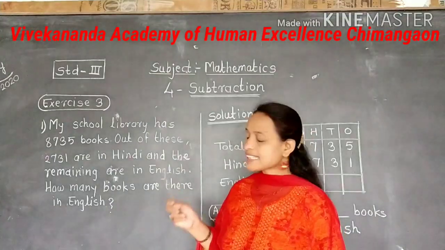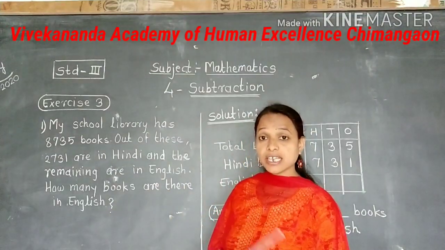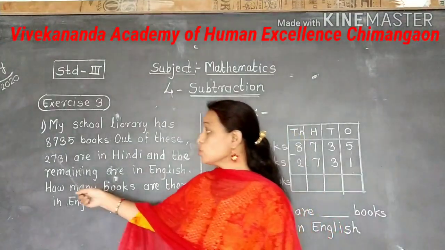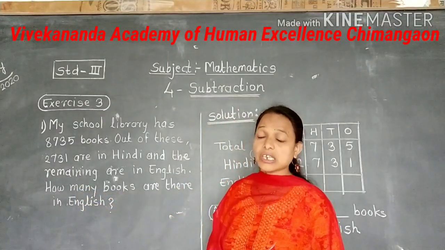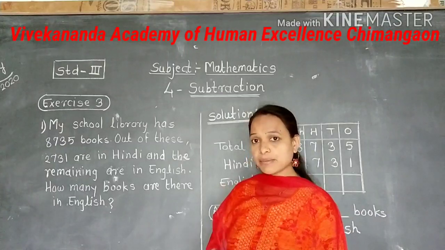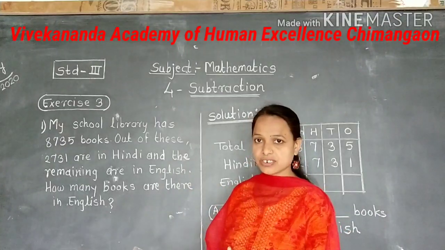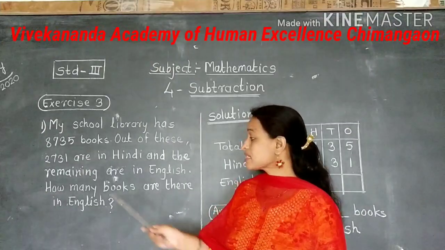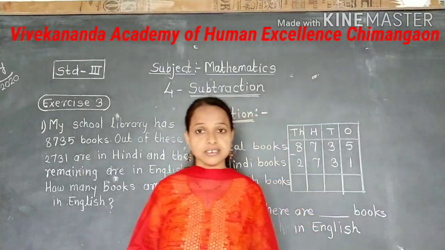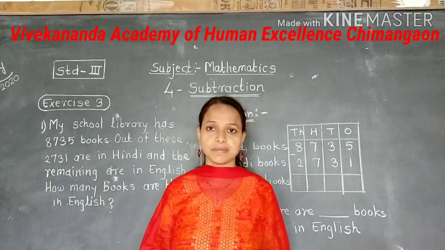From these 8,735 books, how many are Hindi? 2,731. And you have to find out the remaining books, which are English. So you have to find out how many English books are there in the library.